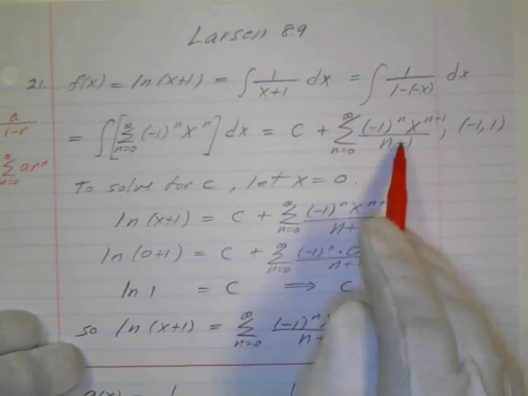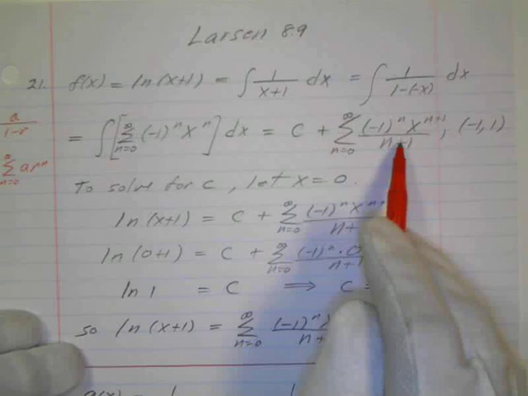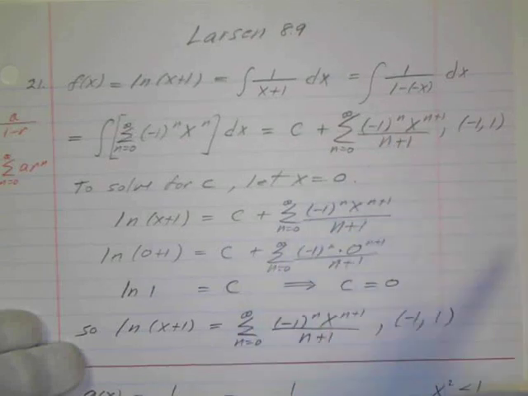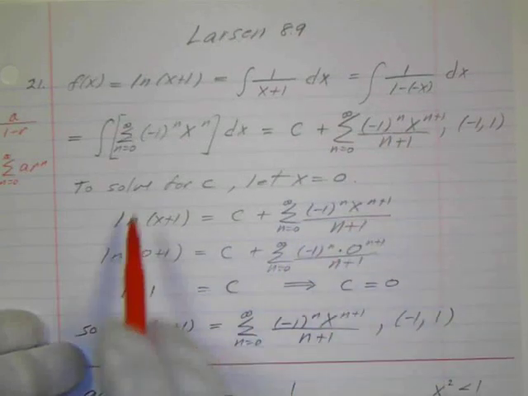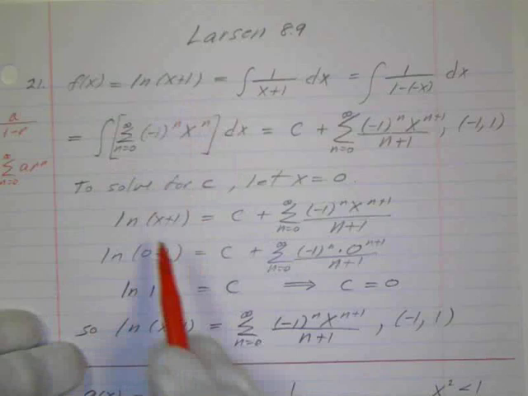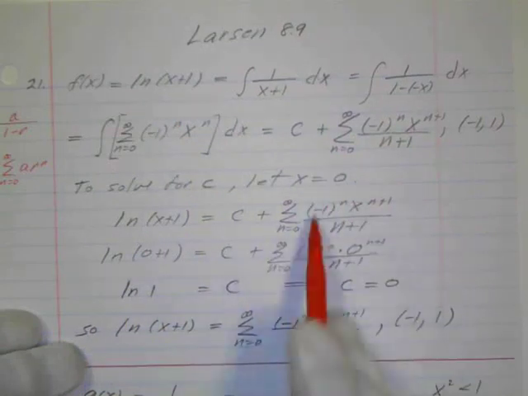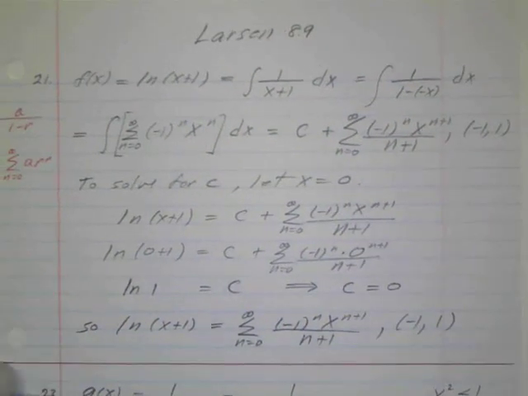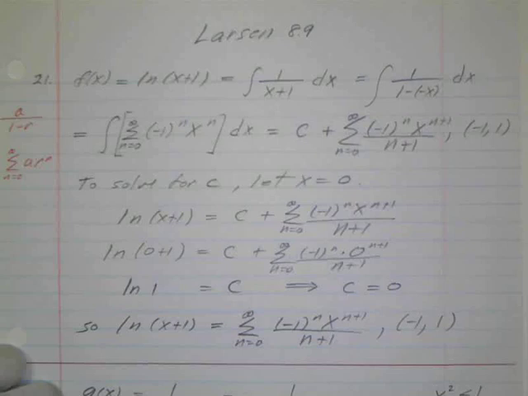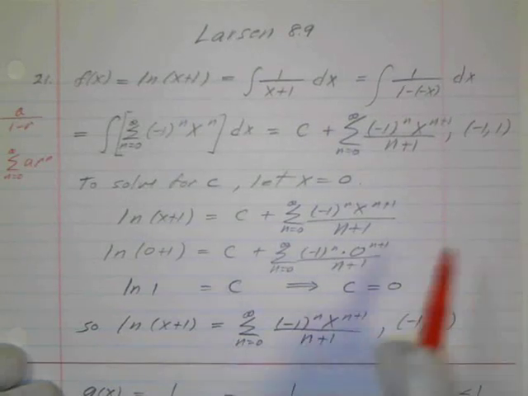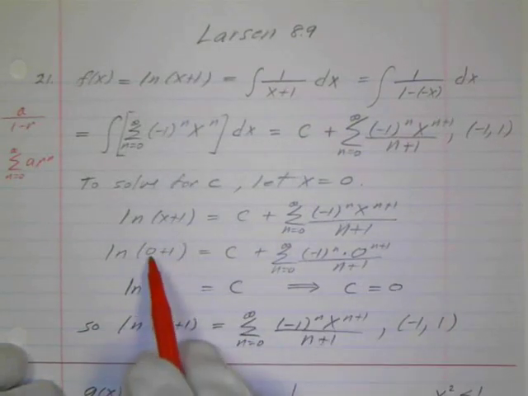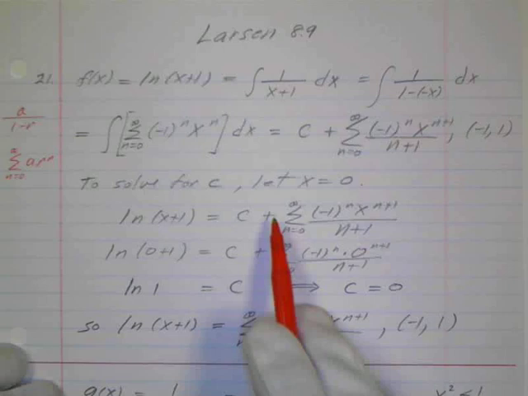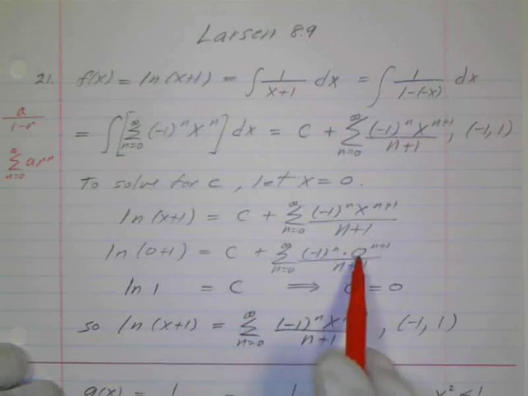Now we have the c over here, so what can we do with this? Well, we can solve for c, and we just pick a convenient value of x to see how that works. So I know that the natural log of x plus 1 equals c plus this. And if I let x equal 0, I have the natural log of 0 plus 1 equals c plus this whole shebang at 0.